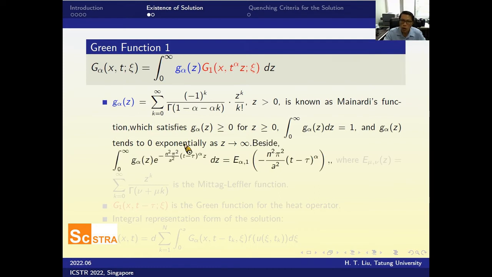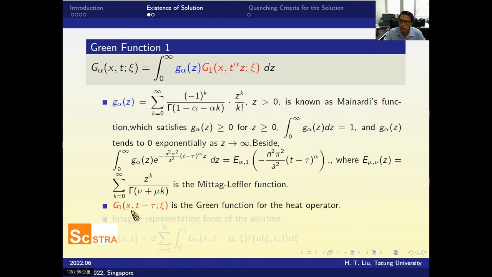In particular, when we join this with the classical Green's function, which has an exponential part that appears in this particular form, we integrate the Mainardi function with the exponential function, and it comes up to another interesting function, the so-called Mittag-Leffler function. Now this function is a generalization of the exponential function in classical analysis. Note that G1 is the Green's function for the heat operator.